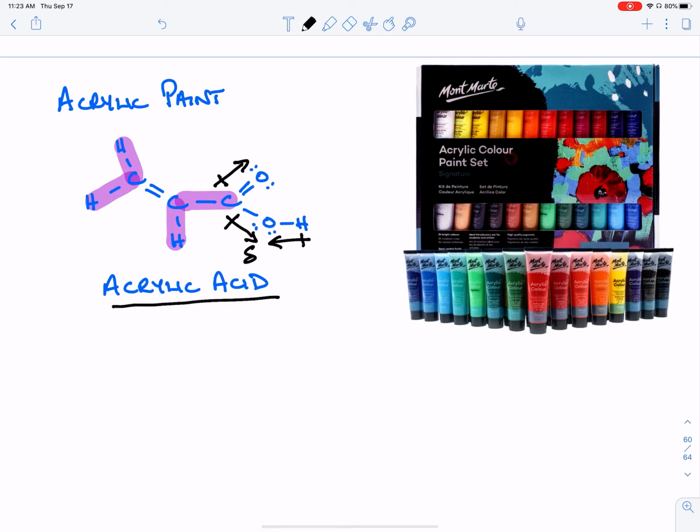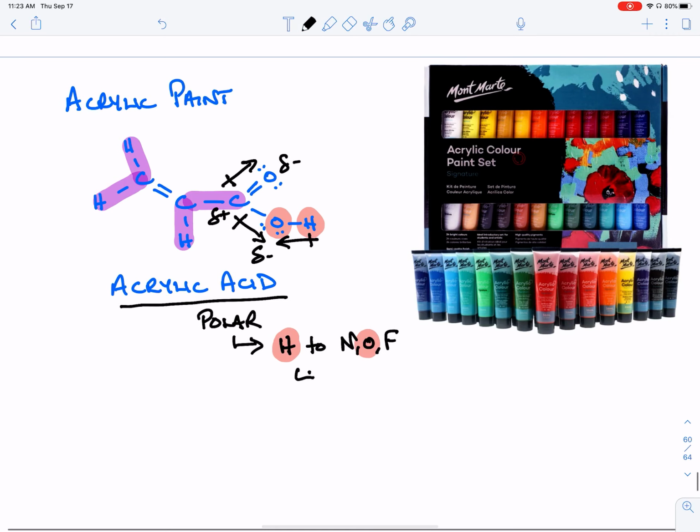So this is going to be slightly negative, this is going to be slightly negative, this is going to be slightly positive. So this molecule is going to be pretty polar. And then you would say, oh, well, is hydrogen directly bonded to N, O, or F? And in this particular case, you would see that hydrogen is bonded directly to oxygen. And so there would be hydrogen bonding here.